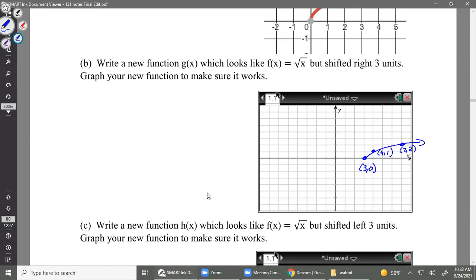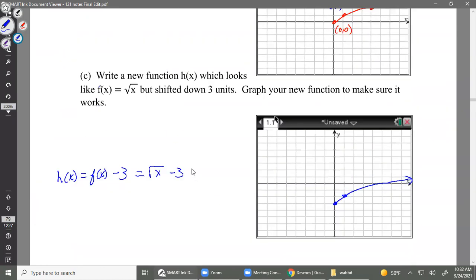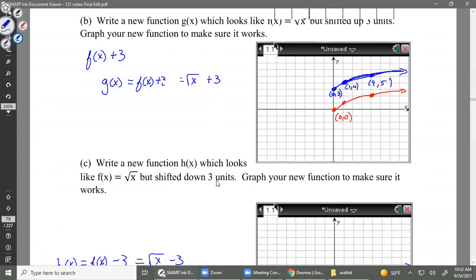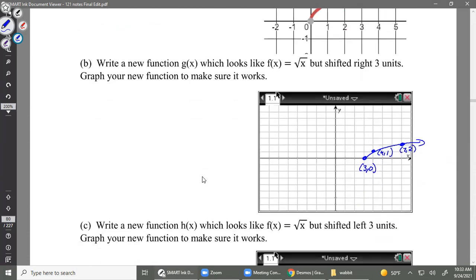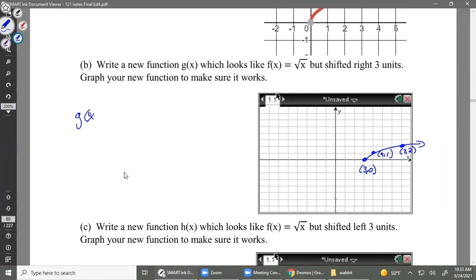What I normally tell people when they're just trying things out is notice up here, we subtracted or added outside of the function. So that means I should probably try adding or subtracting inside of the function. Intuition tells me that this should be the square root of x plus 3.